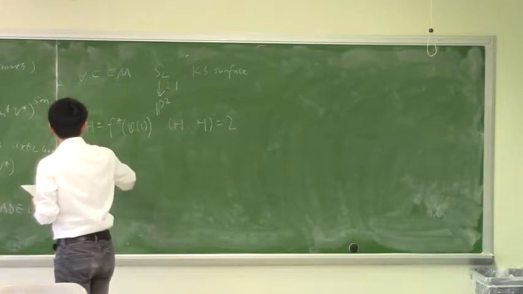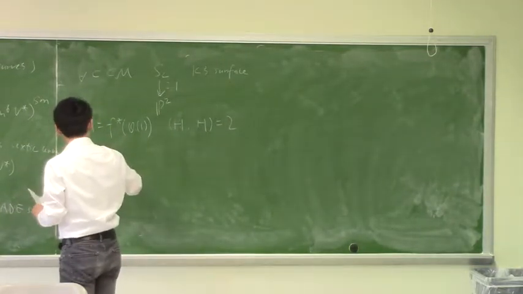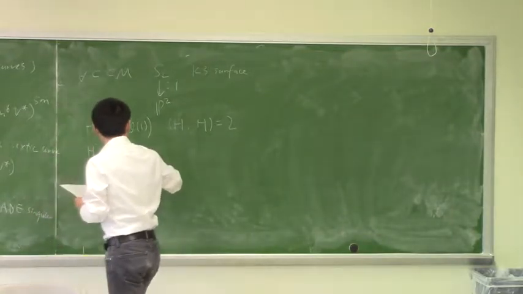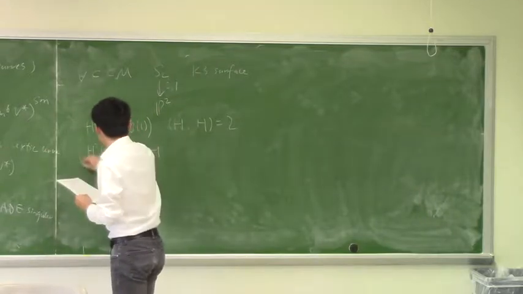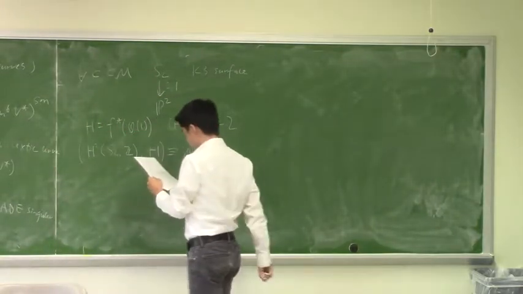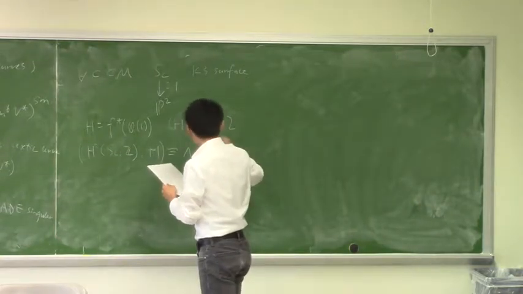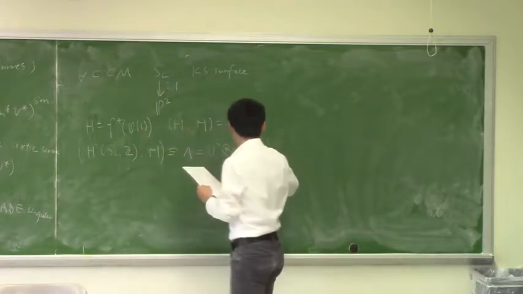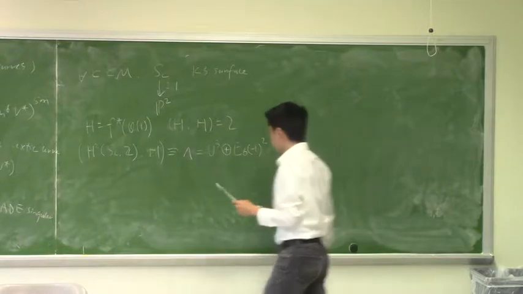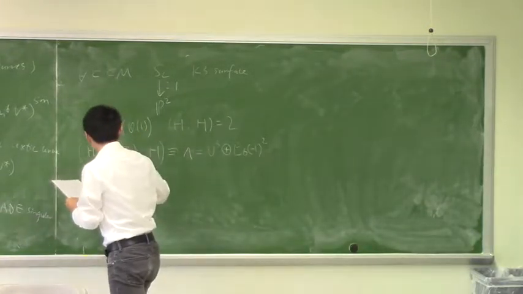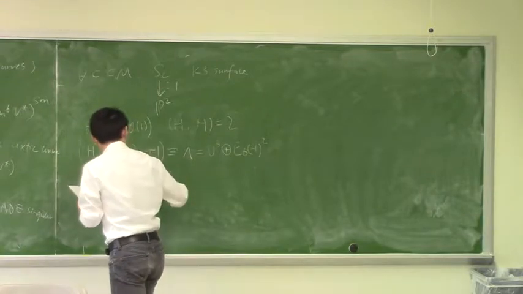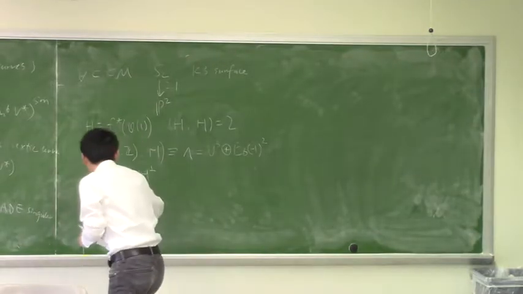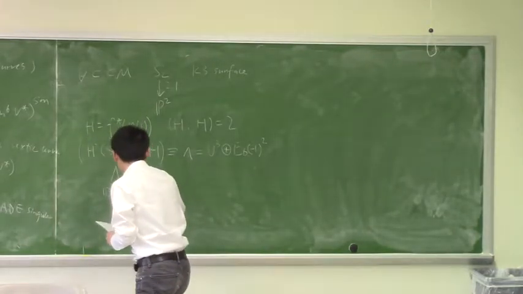We can consider the period map for degree 2 K3 surfaces. Let's fix some notation. The middle cohomology gives us the K3 lattice, which has signature (3,19), and we take the complement of H. Then the period domain for K3 is one connected component of the corresponding set.